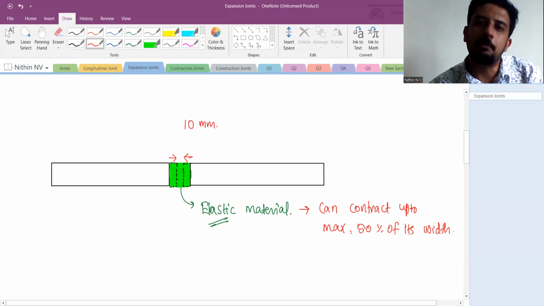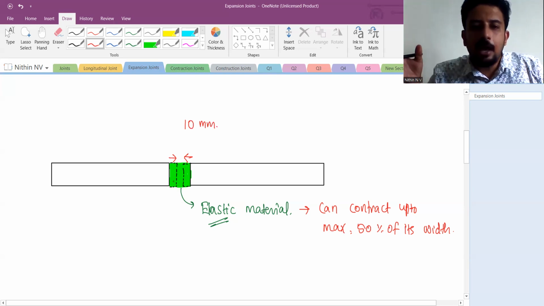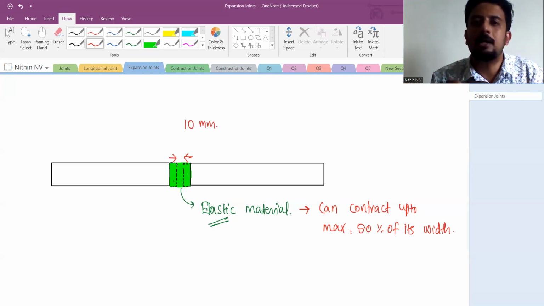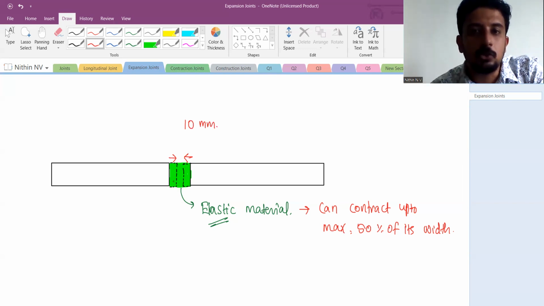It will contract only by 5 mm. So whatever be the gap, only half of that it will contract. Then what to do? Whatever be the required expansion of the slab, 2 times of that value, we need to give as the gap here to compensate for that 50%.